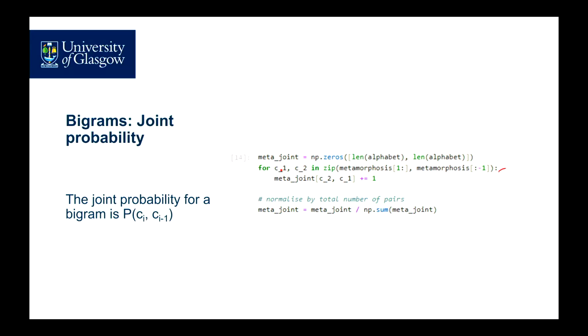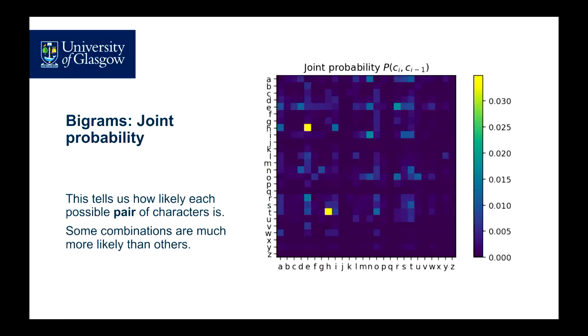We do that in Python by taking one version of the text, shifting it by one character, zipping the two texts together, and taking every pair of characters at every point. That's a clever way of doing this. For each of those positions, you just increment the position in your matrix, and then you divide at the end by the total number of elements you've added. So it's really straightforward code to write.